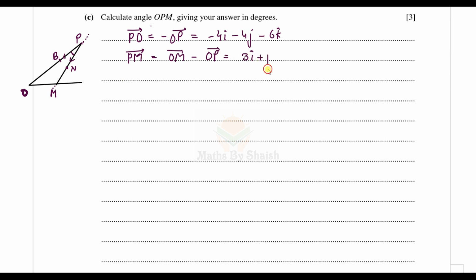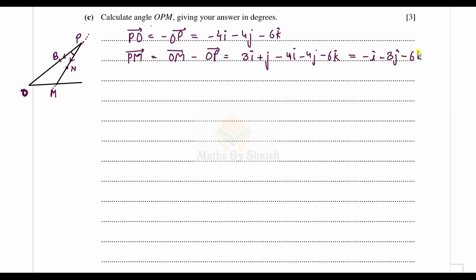Minus OP vector is minus 4i cap minus 4j cap minus 6k cap. So these are the vectors we require, PM and PO, and we can simplify this. PM is going to be minus i cap minus 3j cap minus 6k cap.